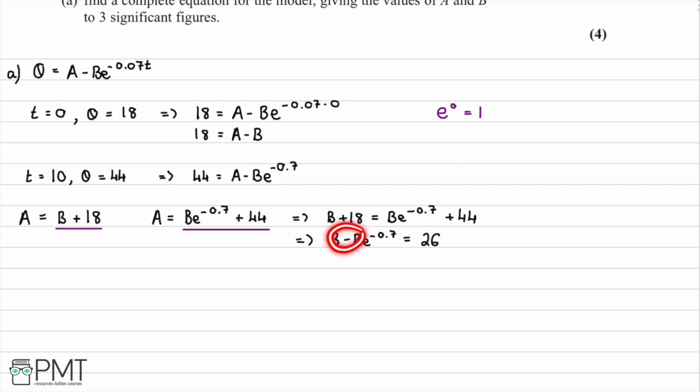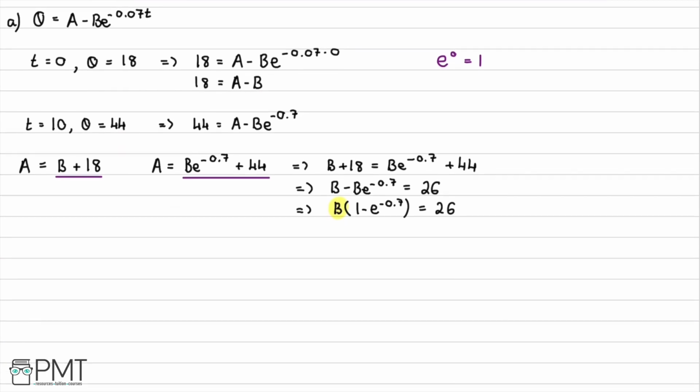We're solving for B, so we can take a common factor. We take B out, that's 1 minus e to the power of negative 0.7, and that's equal to 26. We can now see that we're not far from isolating this B term, and we can do this by dividing both sides by what is in the brackets here.